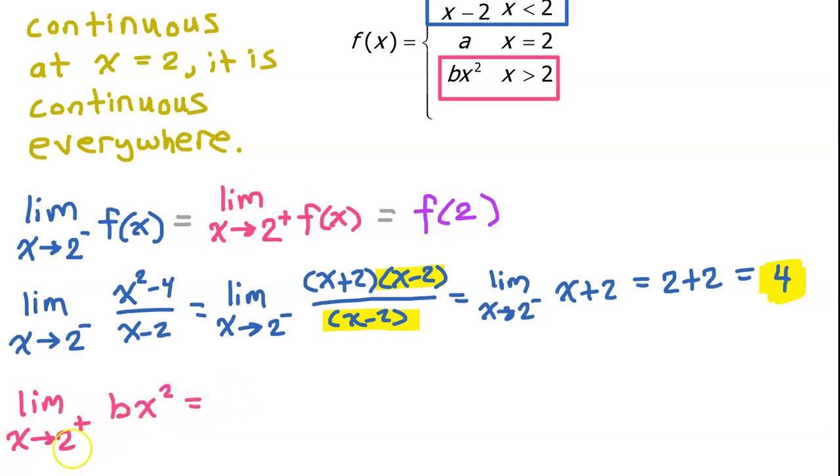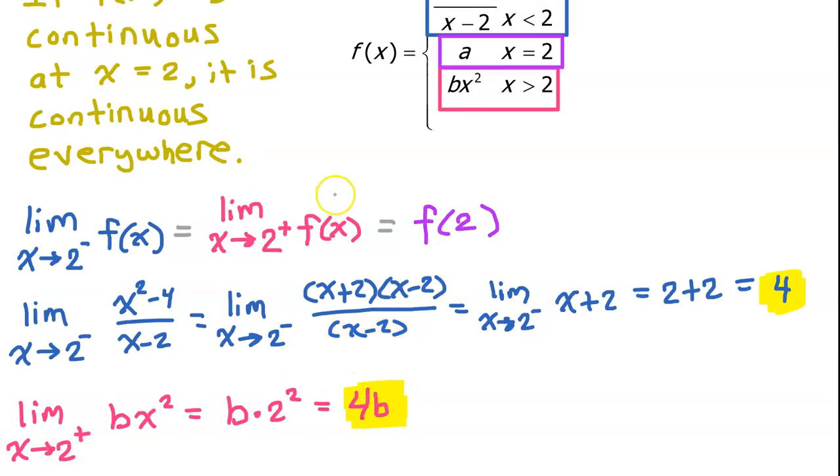But this limit can be evaluated by direct substitution. If we plug in 2 for x, we get b times 2 squared, which is 4b. So that's it. This is our expression for the limit as x approaches 2 from the right.